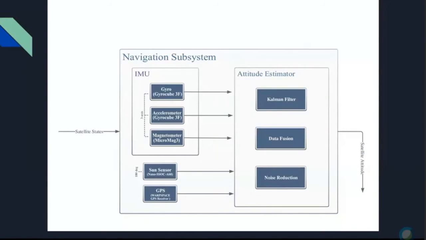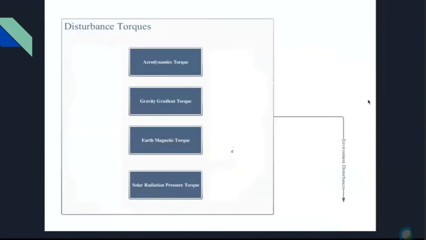Now this attitude estimator block uses several estimation techniques, such as the Kalman filter, data fusion algorithms to combine different data inputs, and noise reduction techniques to reduce the measurement noise coming from the sensors and all the measuring devices, in order to calculate an accurate attitude. Okay, next slide.